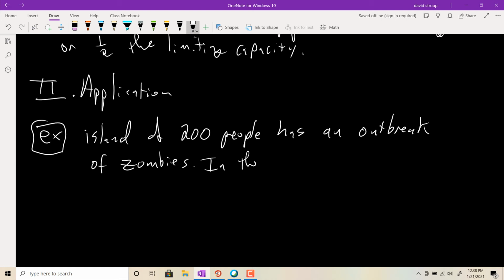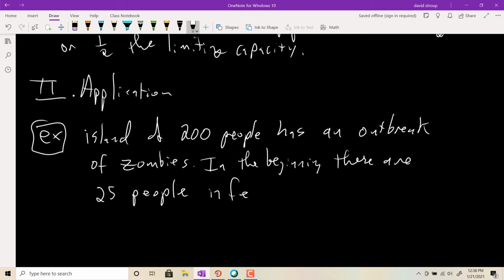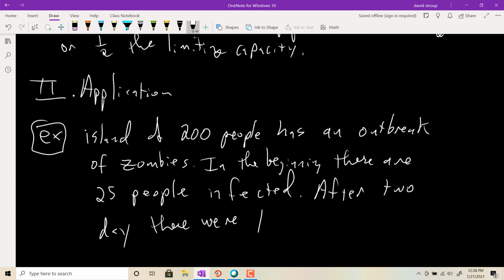So in the beginning, there are 25 people infected. Okay. And then there's a scientist on the island, and he's very worried, and he looks again after 2 days. He noted that there were 14 new people infected.